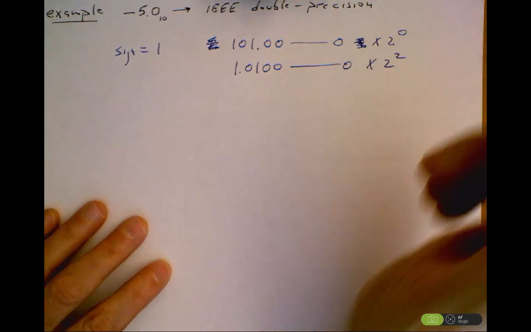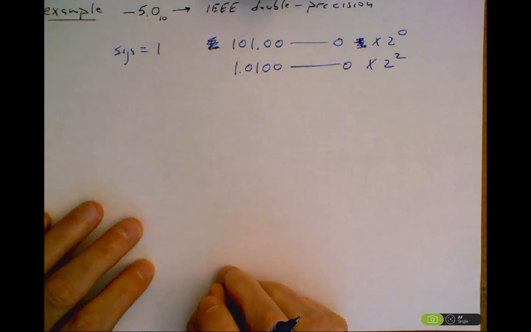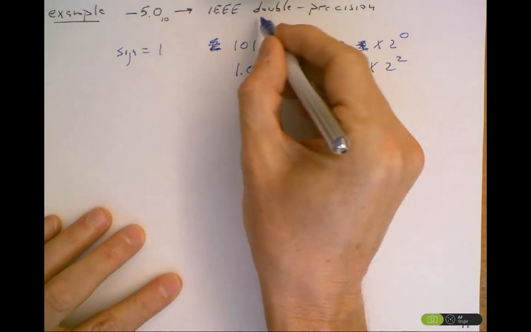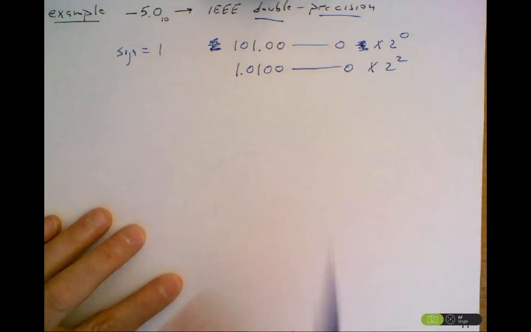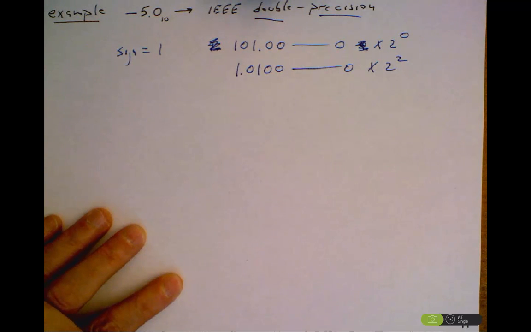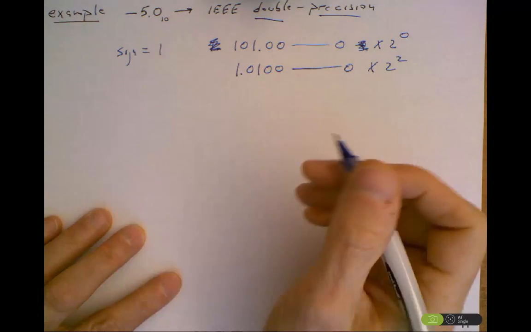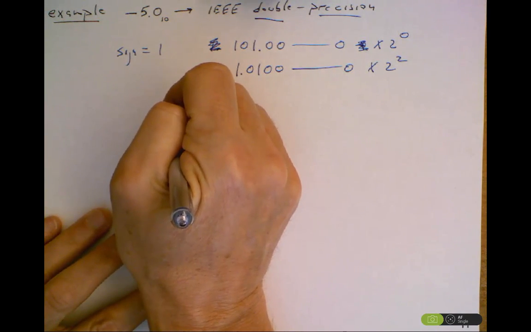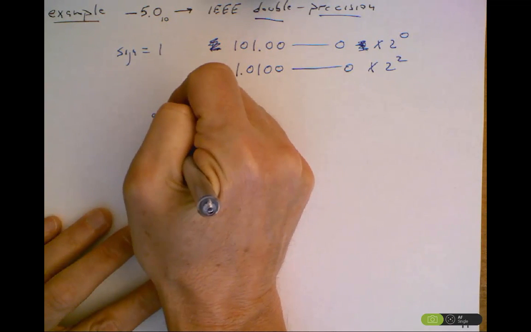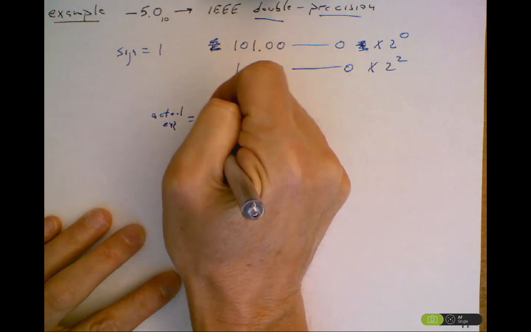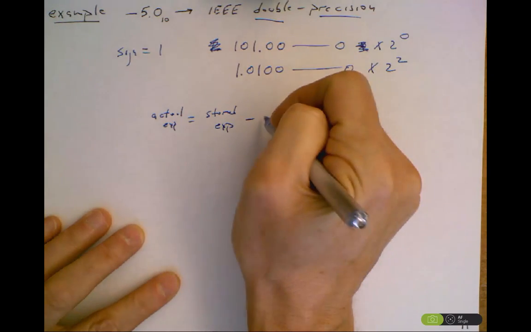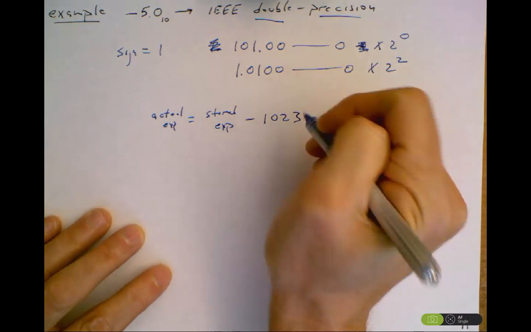So it's going to be 2 to the 2nd, right? Now I've got to bias the exponent, but I have to remember I'm doing double precision. So the bias amount is 1023. Again, I have the formula that the actual exponent equals the stored exponent minus the double precision bias amount, which is 1023.